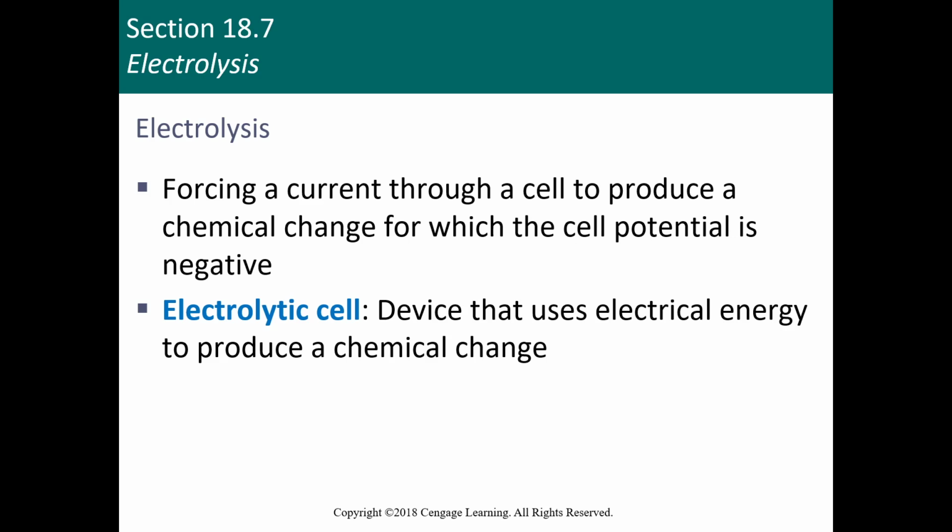You can do quite a variety of things with this, of course. An electrolytic cell is a device that uses electrical energy to produce a chemical change. This is pretty common in making things like aluminum metal and copper metal. That's one of the places you typically find these.